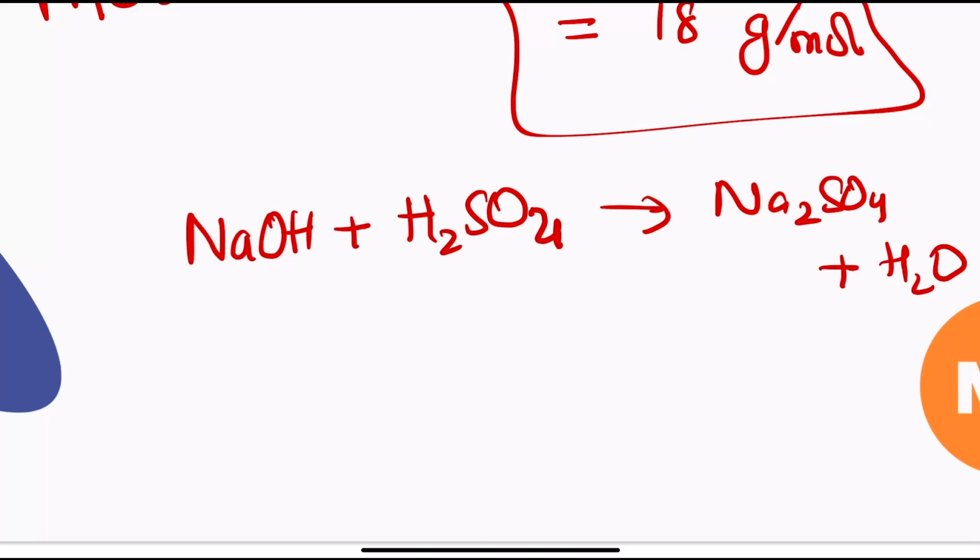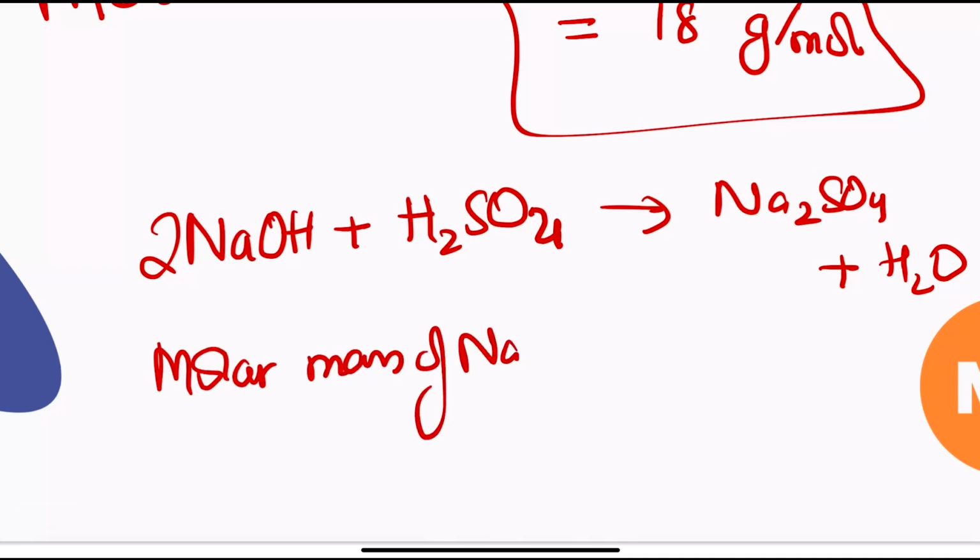And when you balance this out, this would be 2, right? And if I had to calculate the molar mass of sodium hydroxide, what do I do? So I'm just going to say sodium is about 23, I believe, plus oxygen, which is going to be 16, plus 1, right? And I just find the final answer.